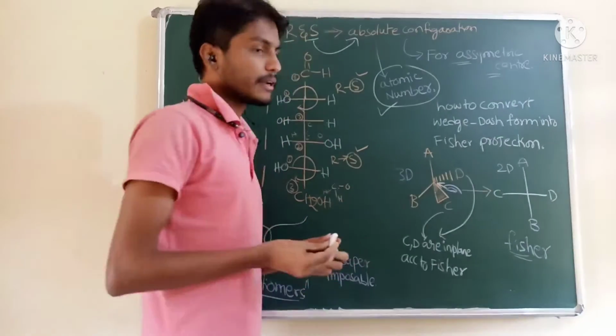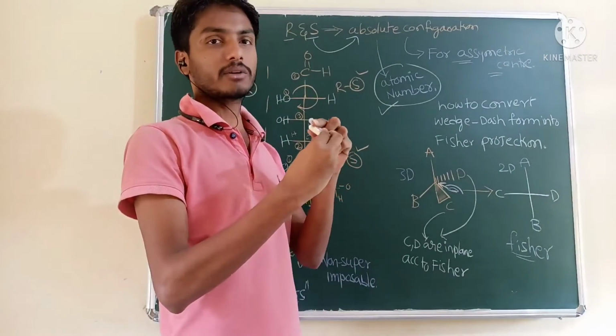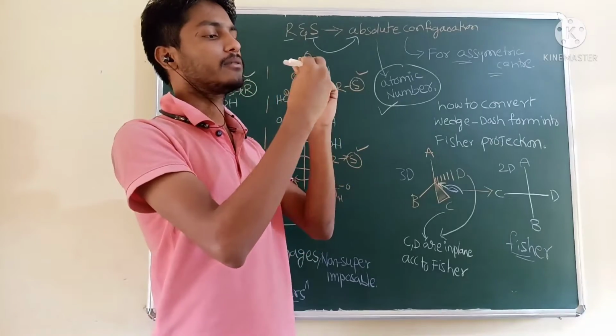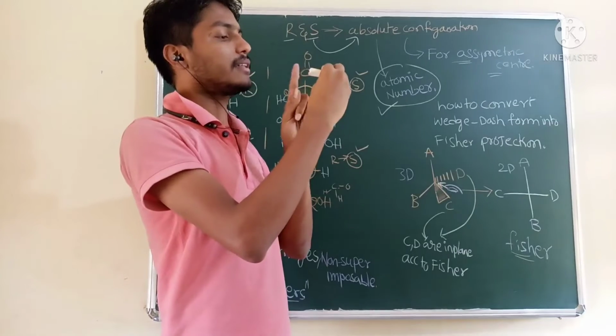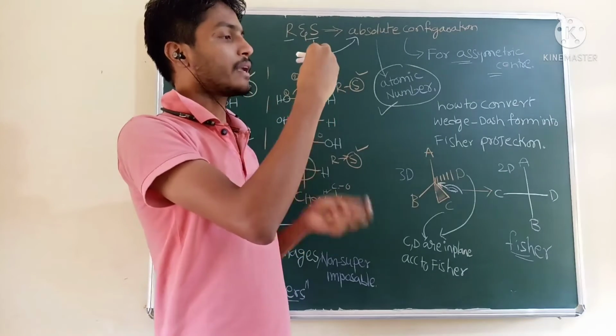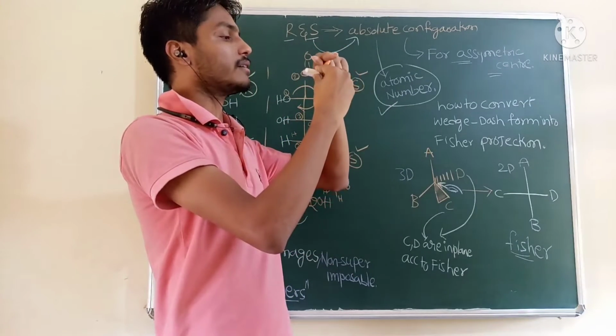How? In-plane bonds. In plane means in between our two eyes. This is C, this is D, in between the two.